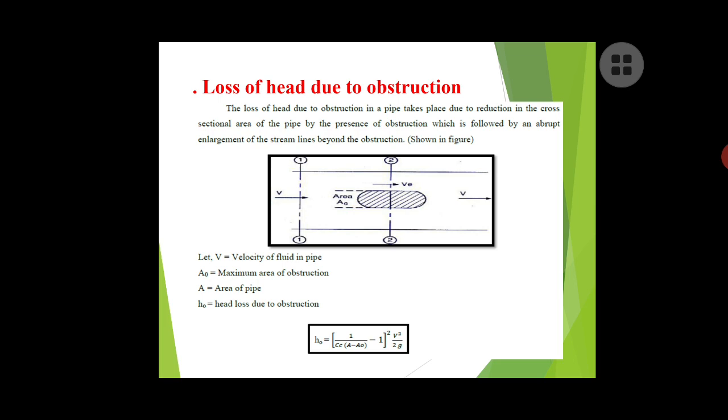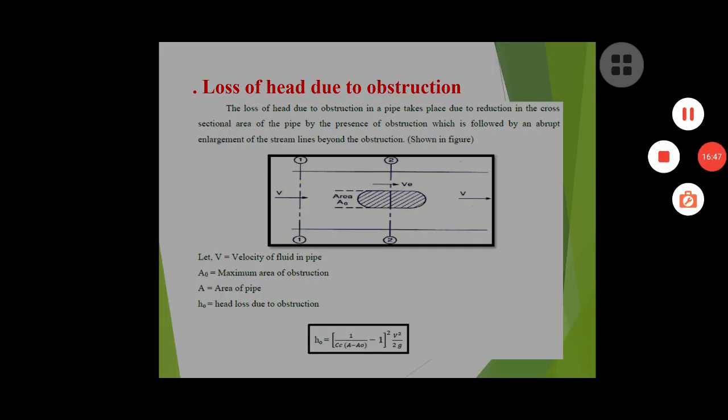The loss of head due to obstruction in the pipe takes place due to the reduction in cross-sectional area by the presence of the obstruction, which is followed by abrupt enlargement of the streamline beyond the obstruction, as shown in the figure. Here V is the velocity in the pipe. The head loss due to obstruction is (1 upon Cc times (A minus A0) minus 1) whole square times V square upon 2g. So write down.